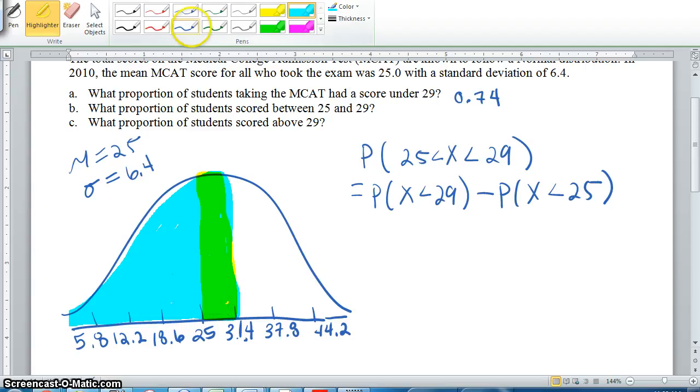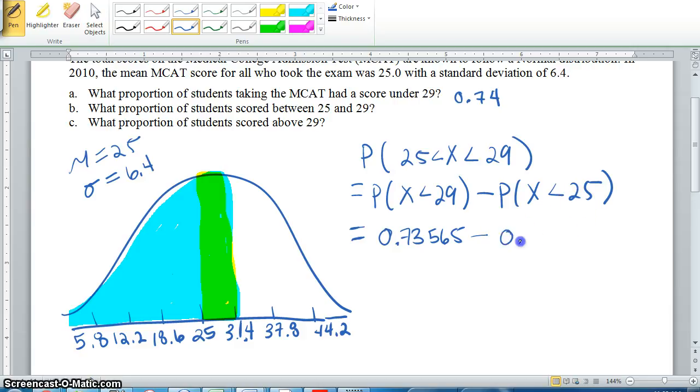Well, this shouldn't be too hard because we've actually already calculated the area under 29. This was 0.73565, or as we rounded it here, 0.74. Well, we also already know the area that falls below 25. As we said before, this is always going to be 50% because it's the exact mean.